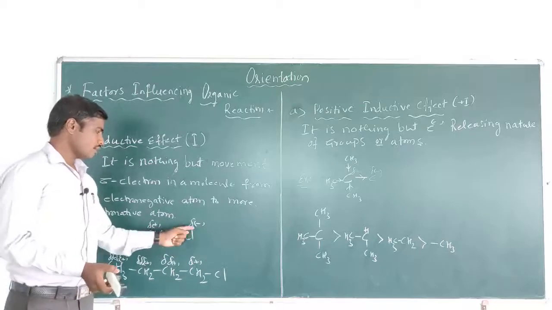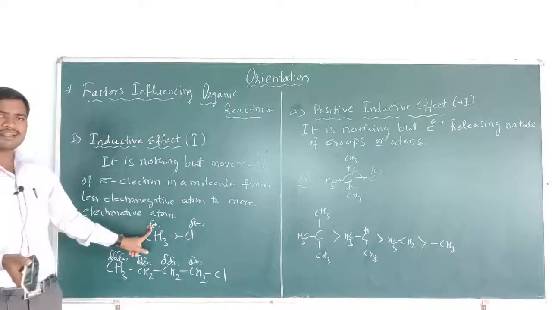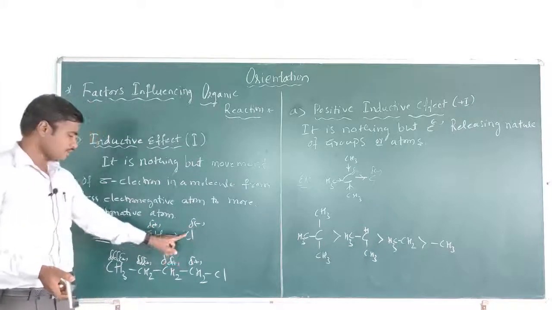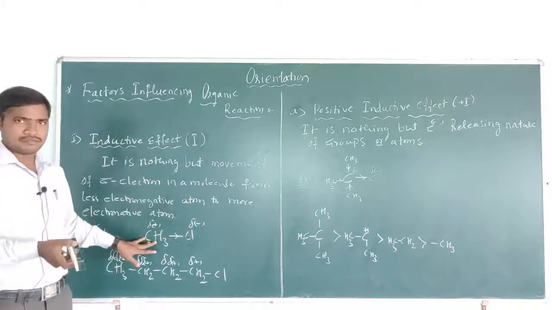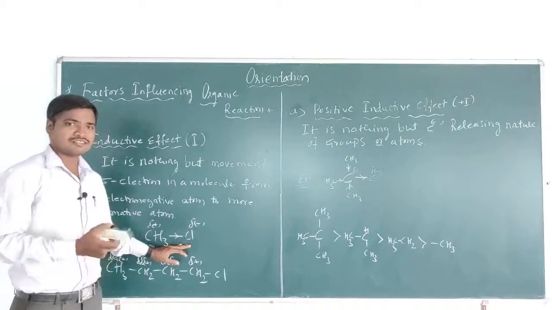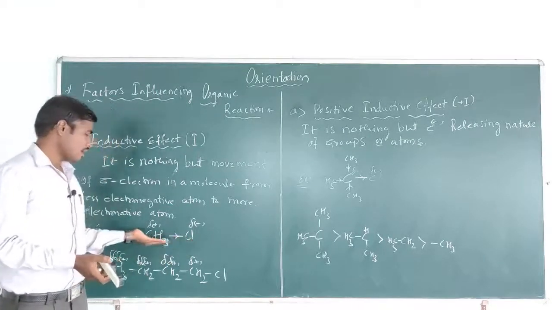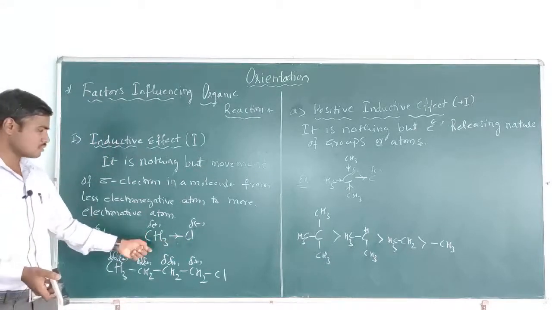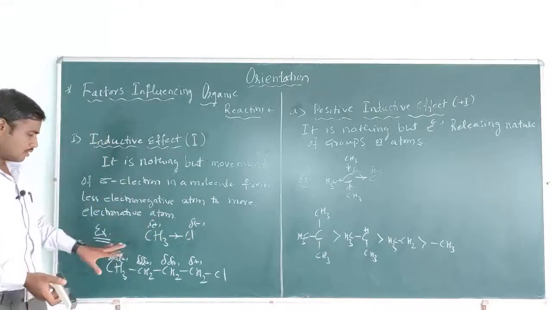On the chlorine atom we write a small negative charge, on the carbon atom a small positive charge, because chlorine is more electronegative and carbon is less electronegative. So there is unequal electron distribution, more on chlorine and less on carbon, showing negative charge on chlorine and positive charge on carbon.